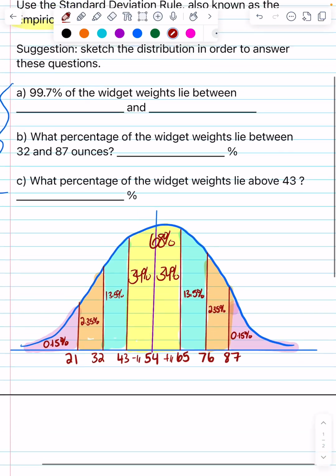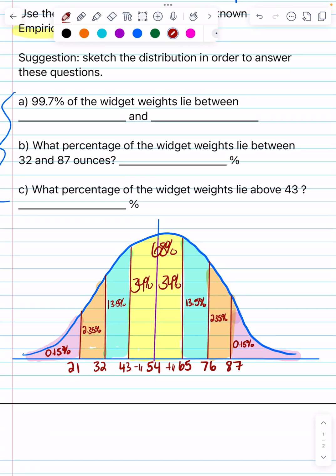And the numbers should match up with the questions that they give you. So you see that in part B, they give you 32 and 87, and I have those on my graph. So I've probably labeled my numbers correctly. And we also got 43, which is right here. All right, first question is 99.7% of the widgets lie between which 2 numbers?